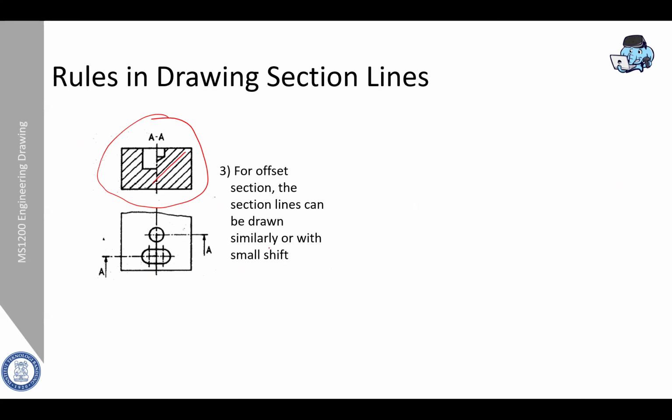But you can also make a small shift so that it is easier for the viewer to indicate that it is actually a different section. Ya, different section plane. Bidang yang berbeda. Gitu ya. Oke. Jadi bagian ini menunjukkan section plane ini. Bagian ini menunjukkan section plane yang ini. Oke. Seperti itu.